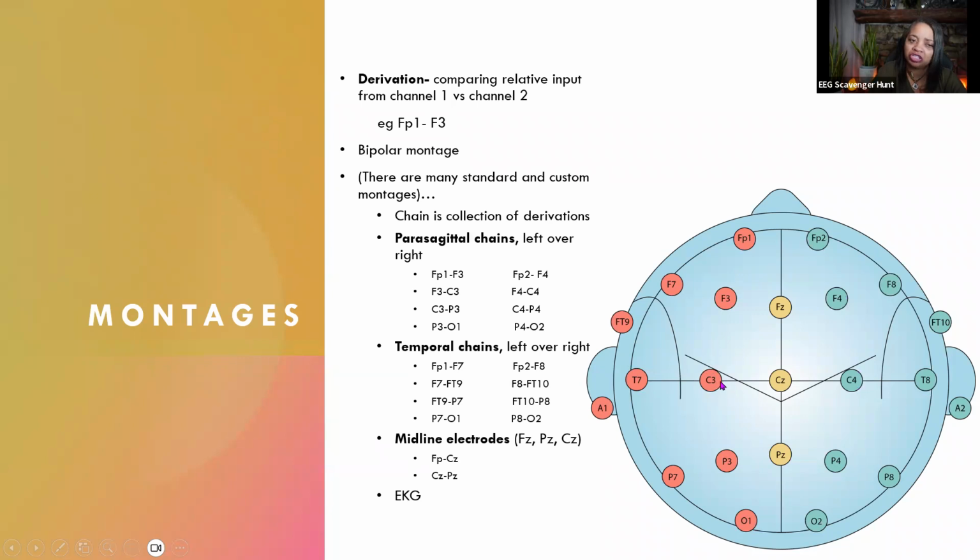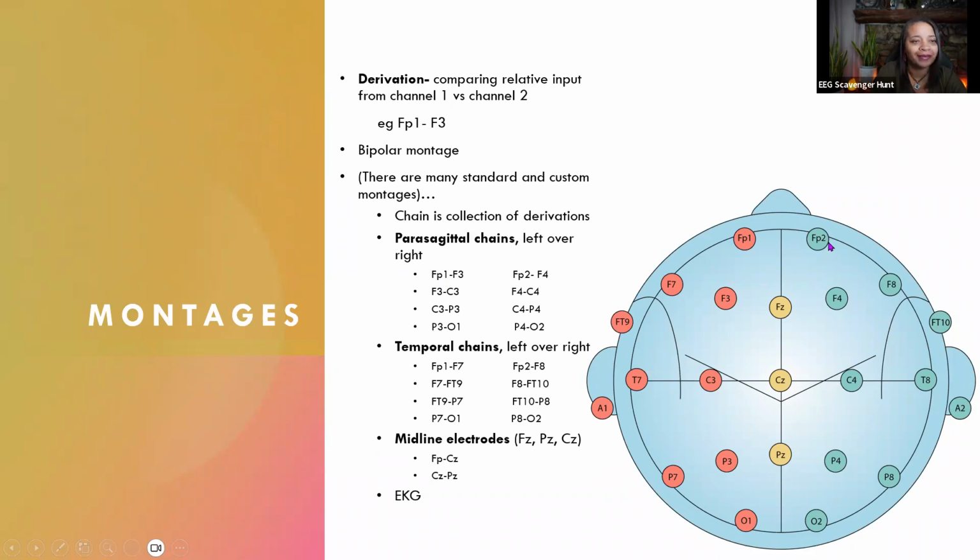So the left side should look similar to the right side, and symmetry matters in EEG. So FP1 compared to F3 is the first one, F3 compared to C3, C3 compared to P3, P3 compared to O1. That's this left parasagittal chain.